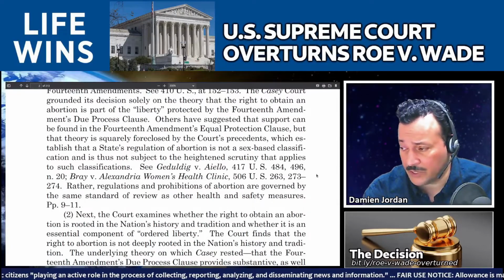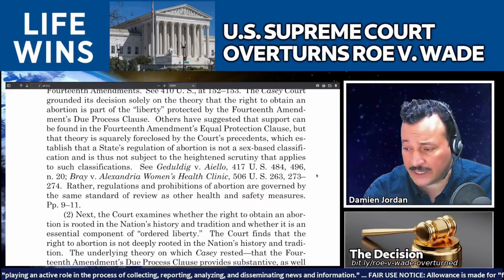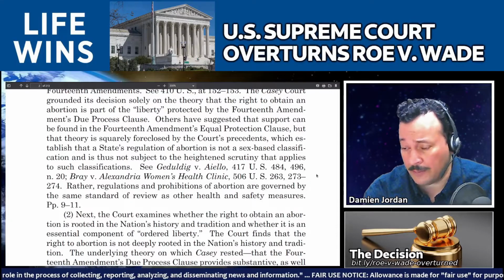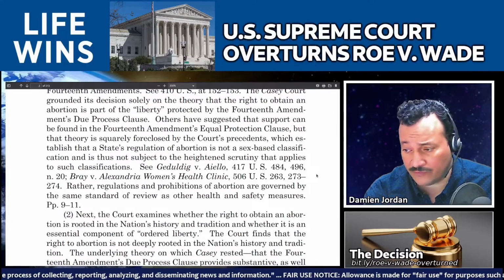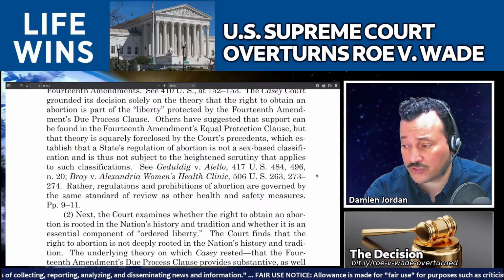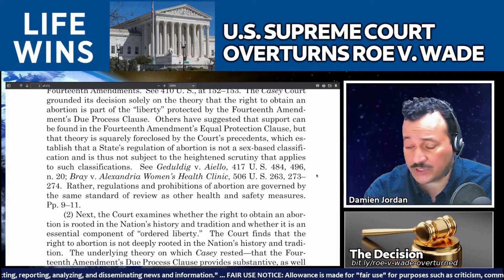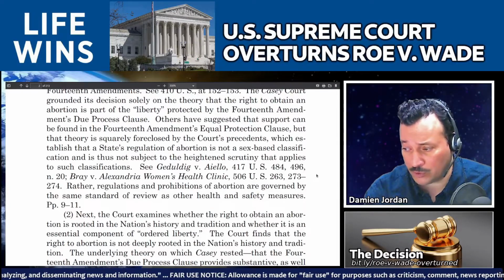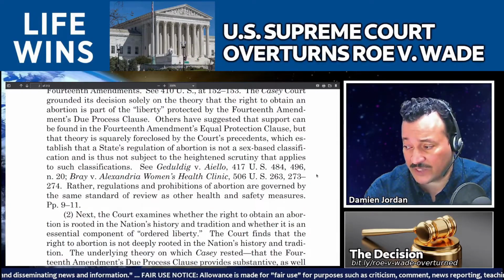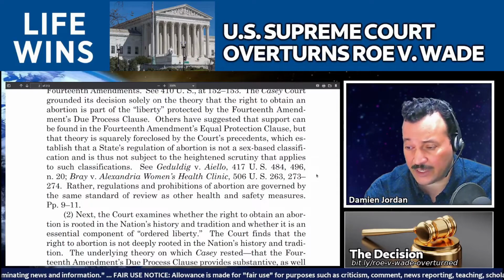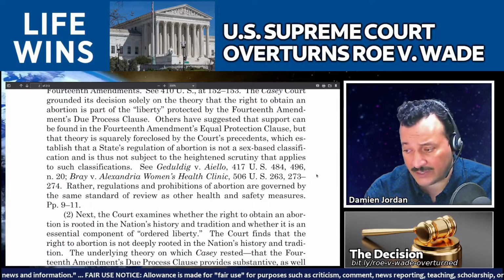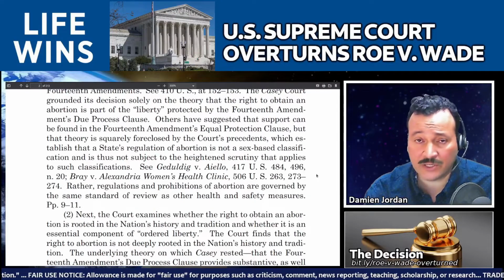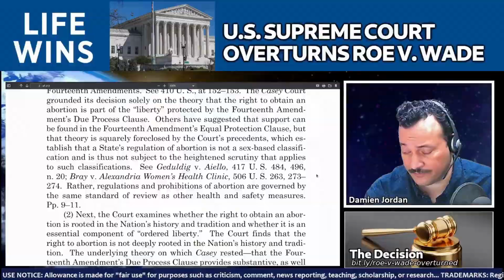Others have suggested that support can be found in the 14th Amendment's Equal Protection Clause, but that theory is squarely foreclosed by the court's precedents, which establish that a state's regulation of abortion is not a sex-based classification and is thus not subject to the heightened scrutiny that applies to such classifications.